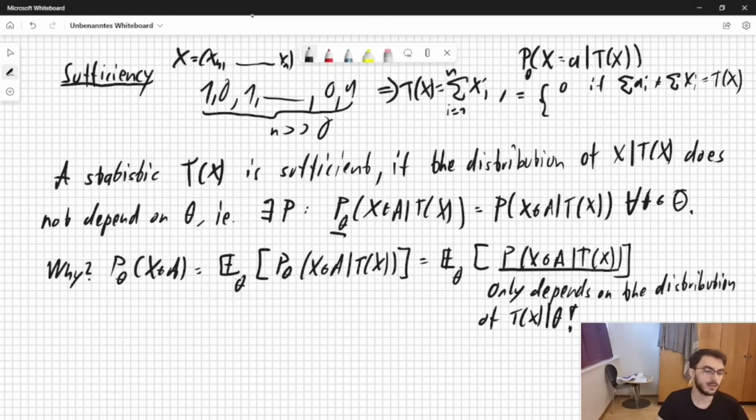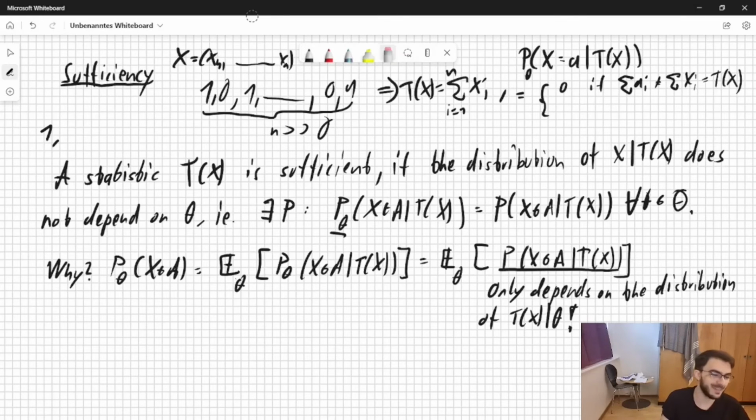On the other hand, if the sum of this is equal to the sum of the xi, every possibility has the same probability, because we don't care about the order, because that's what the binomial distribution is defined as, tossing a coin without caring about the order.